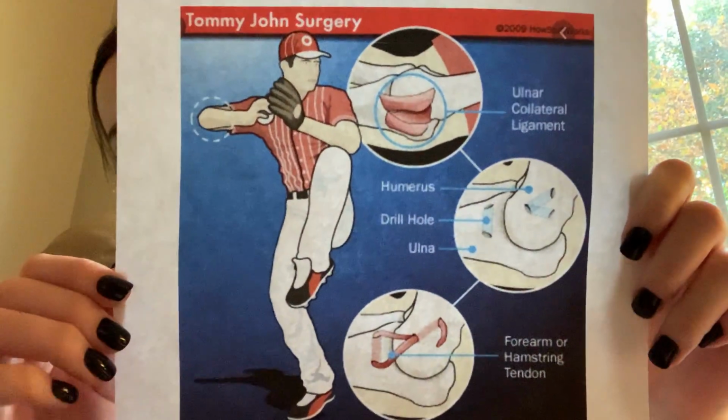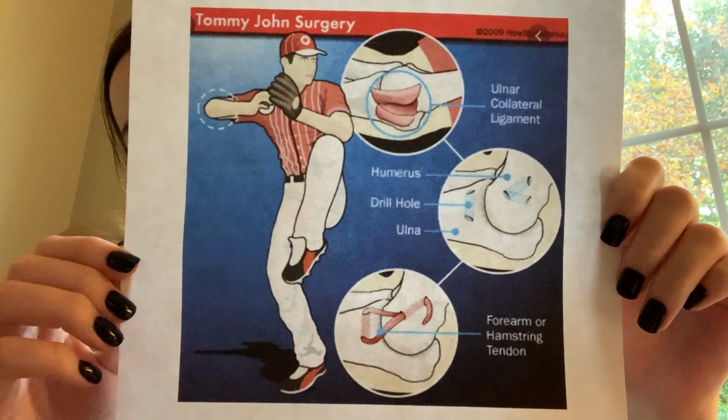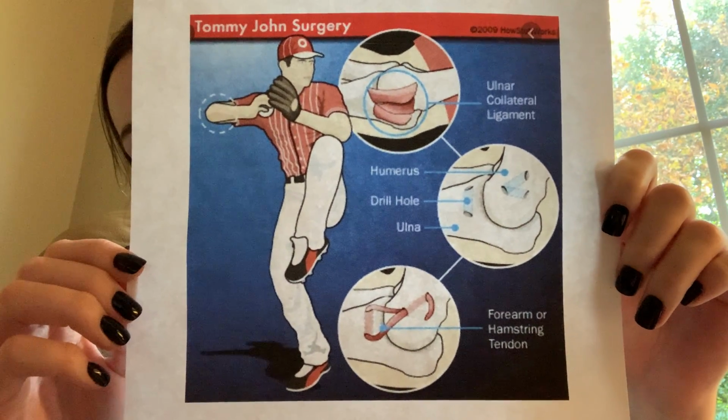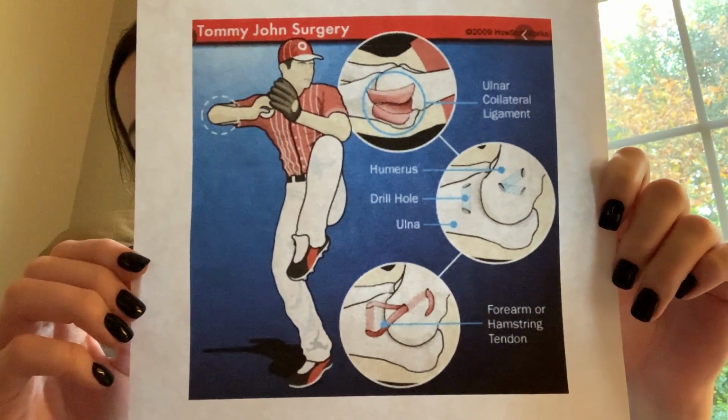So in the most extreme cases, you will need a surgery, and this is commonly known as the Tommy John surgery, and it's the reconstruction of the UCL. So I have this picture here that shows a little bit about the process of the UCL tear.